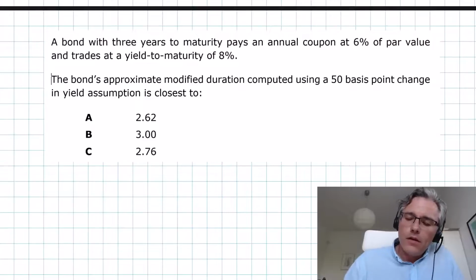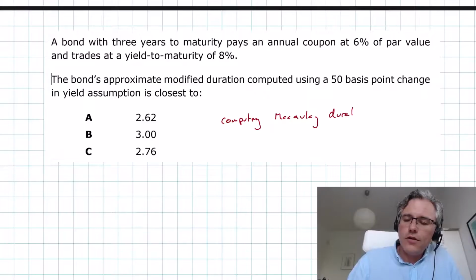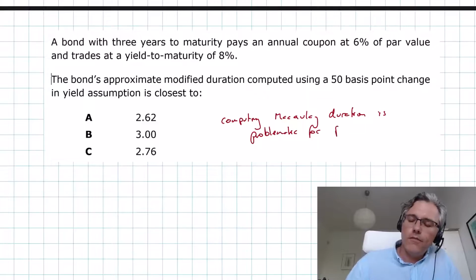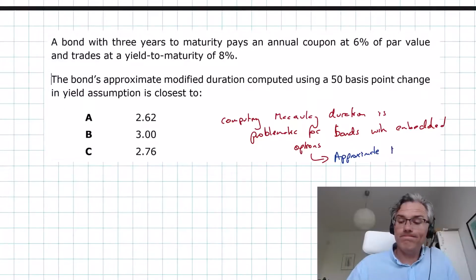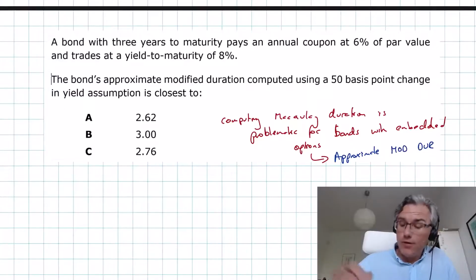So let me just write down that computing Macaulay duration is problematic, or may be problematic, for bonds with built-in options, and in that case it's going to be a better idea to use something called approximate modified duration, which is what this question wants us to do.